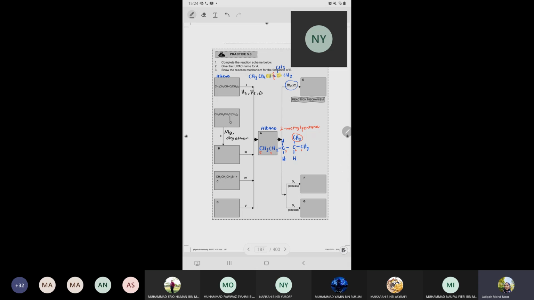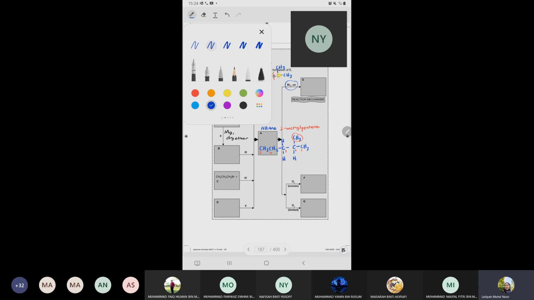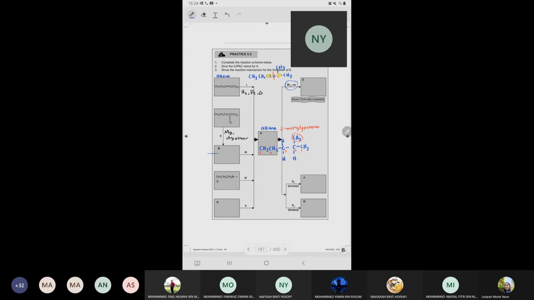Okay, so what is B? It is the Grignard reagent. So macam mana nak lukis Grignard reagent? Kita lukis je balik structure yang sama. Okay, saya open sikit structure dia supaya senang kalau nak bagi nama. Okay, ada 3.